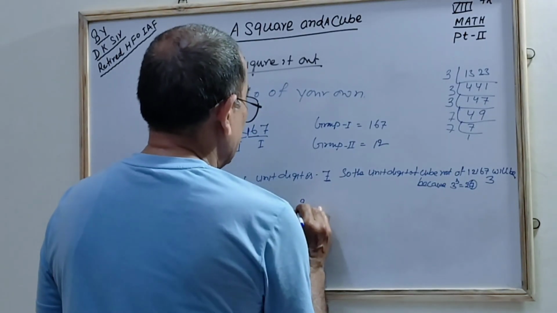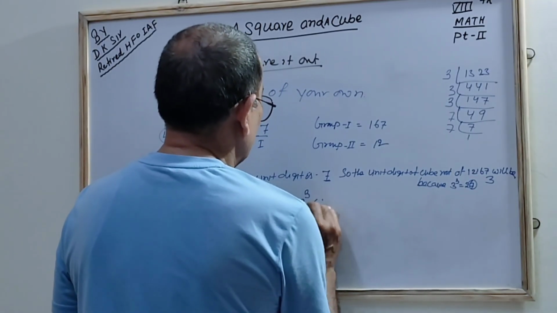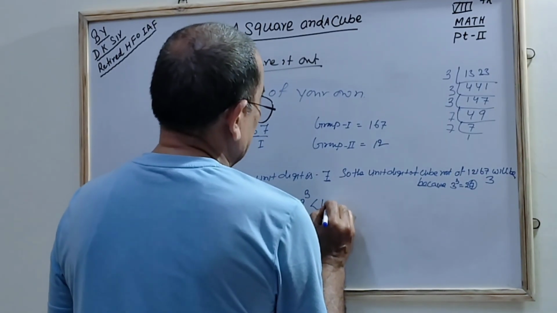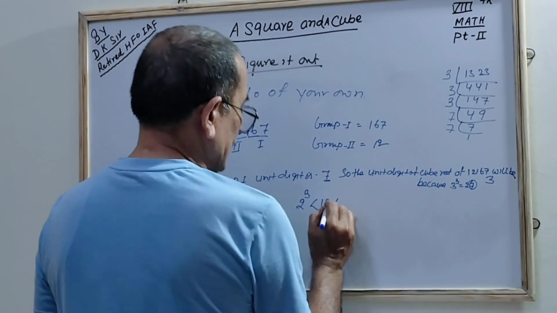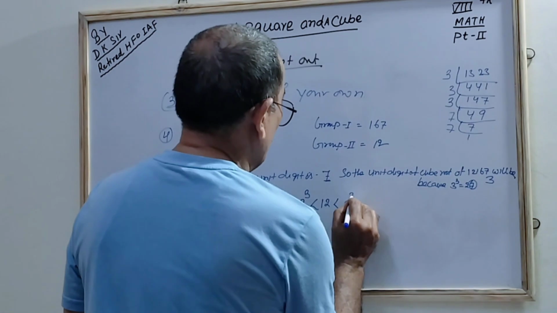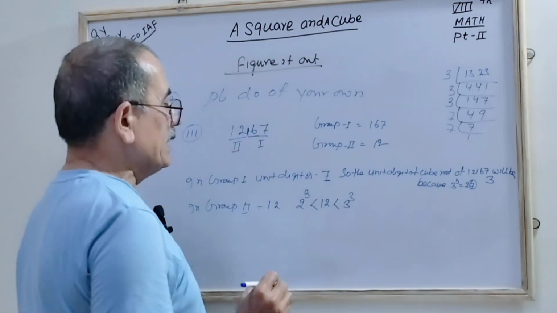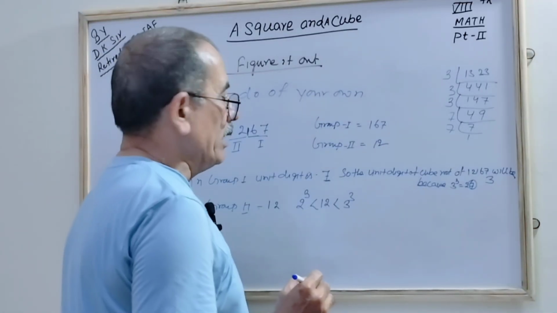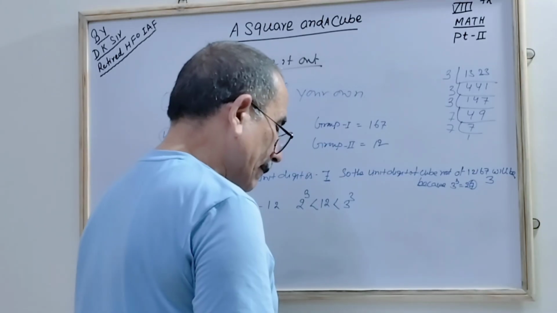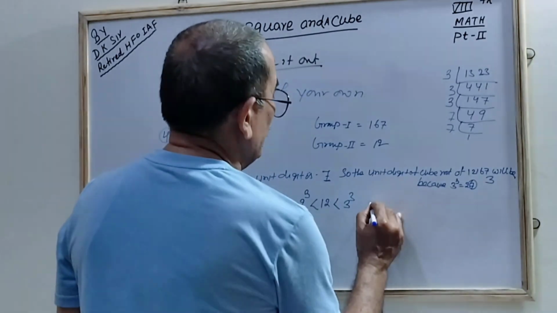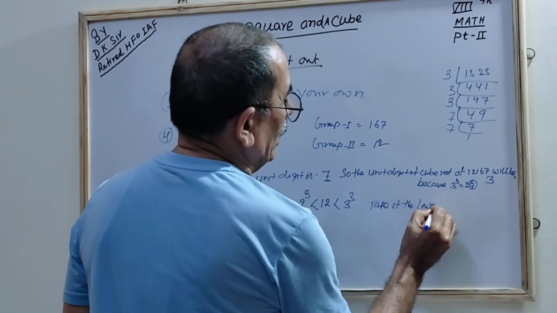You can see that 2 cubed is lesser than 12, and 3 cubed is greater than 12. This 12 is left in group 2, which is greater than 2 cubed and lesser than 3 cubed. We take the lower side.